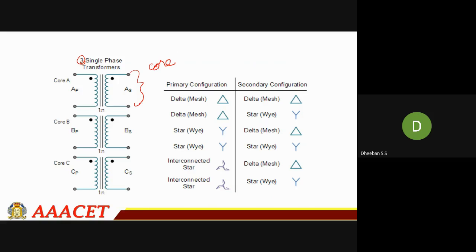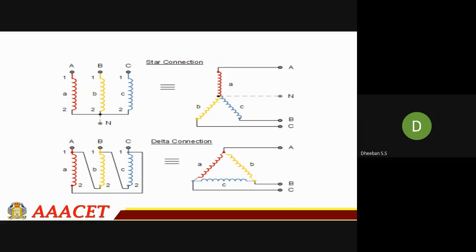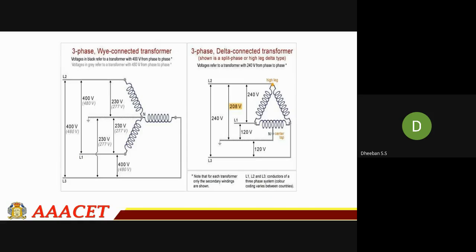If we connect all these three together, it is also possible to get a three phase transformer circuit. So these are the types of configuration possible. This is a model of your three phase star connected transformer.